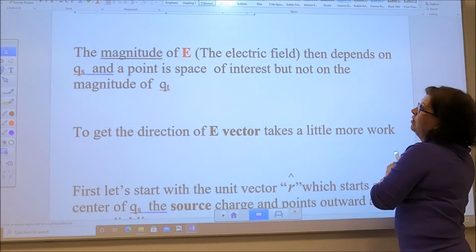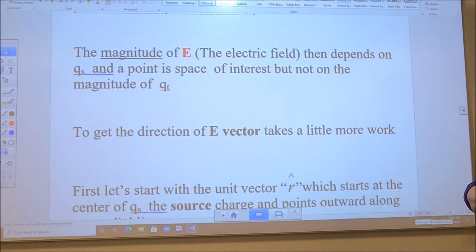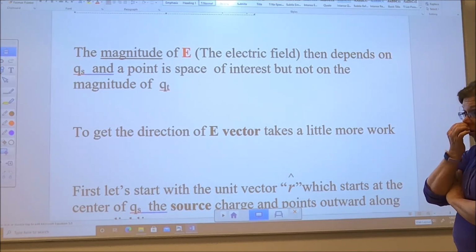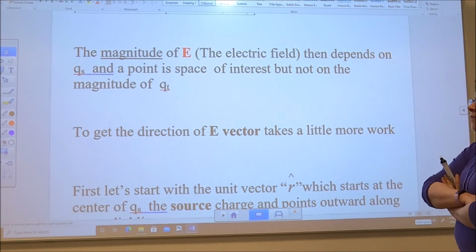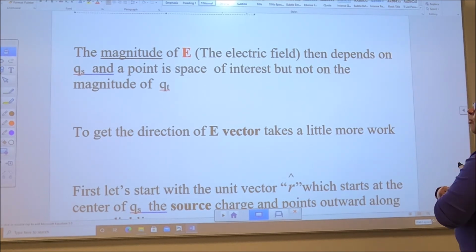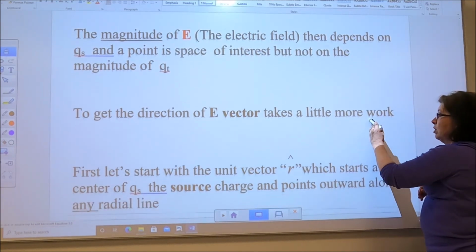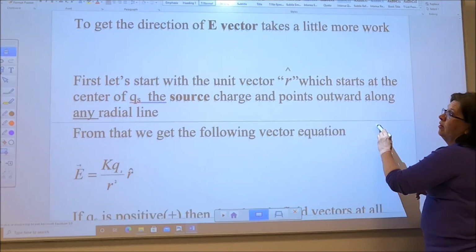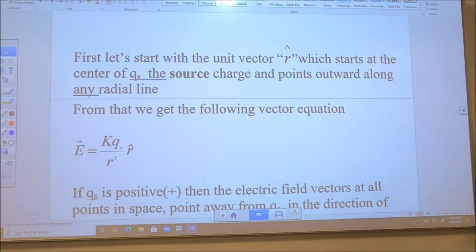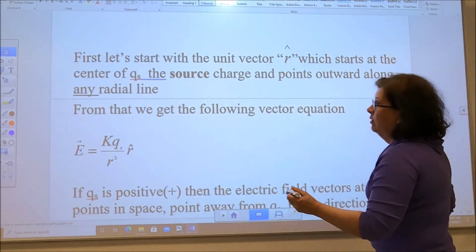The magnitude of E, the electric field, then depends on QS, the source charge, and the location in space you're interested in. It's totally independent of QT, the test charge that's going to be interacting with the field. To get the direction of the E vector takes a little work. So let's start by talking about a new unit vector, the R vector, or R hat, which starts at the center of QS, the source charge, and points outward along a radial line.